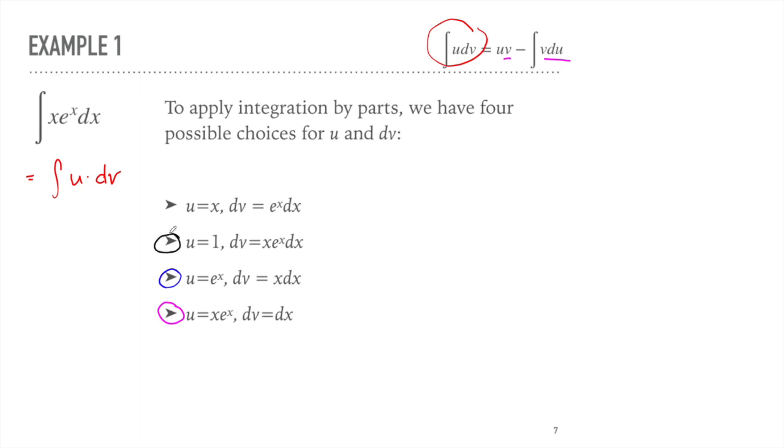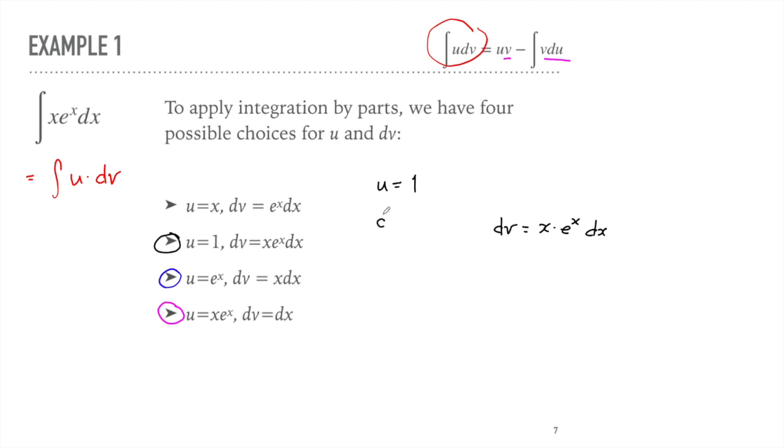Third choice, pwede rin naman na ang u natin ay 1 and everything else, siya yung dv. Let's see kung saan tayo dadalhin ito. So, u equals 1. And dv natin is lahat ng natira. Okay, ano ulit kailangan natin? Kailangan natin ng du tsaka ng v.